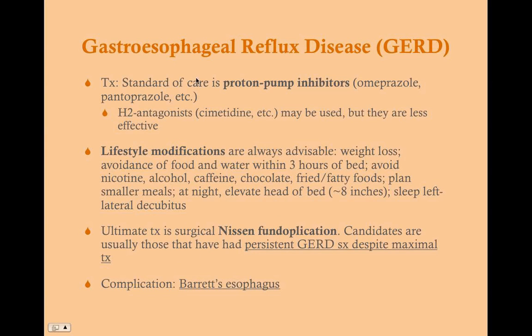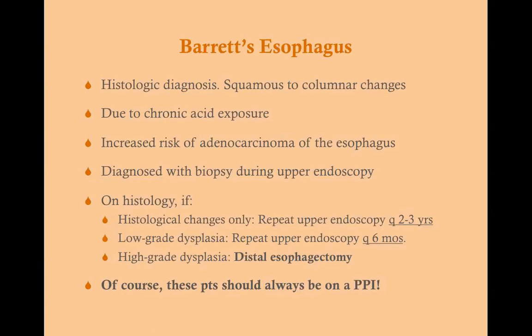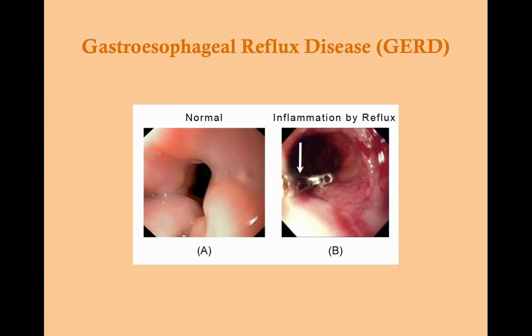The number one complication that comes out of gastroesophageal reflux disease is Barrett's esophagus. Barrett's esophagus is a histological diagnosis. On upper endoscopy, when you put the EGD down into the patient and you look, it's going to look like inflammation, but it's very important to note, at least for clinical uses, that not all inflammation is Barrett's esophagus.